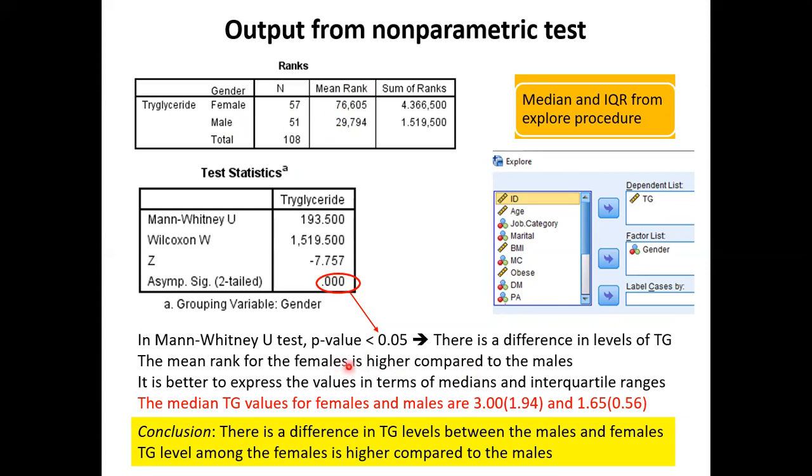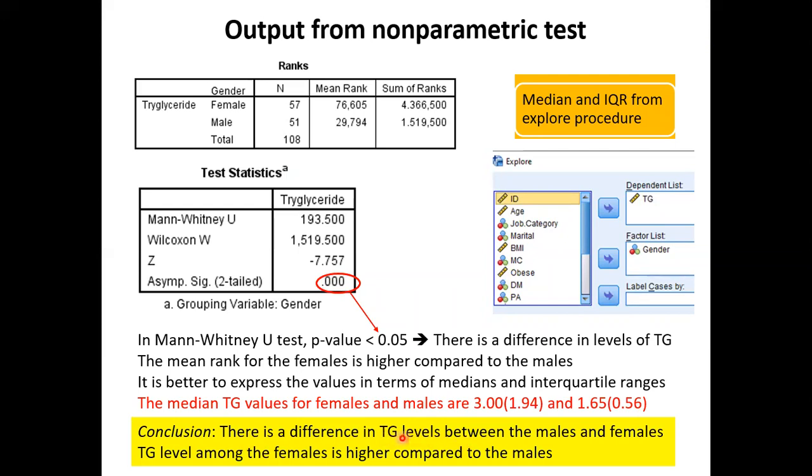So here, we don't mention means. We go with median and interquartile range. How do you do this? We do explore. You put TG here, put gender here, and we'll get these values. So now my conclusion, there's a difference in TG levels.